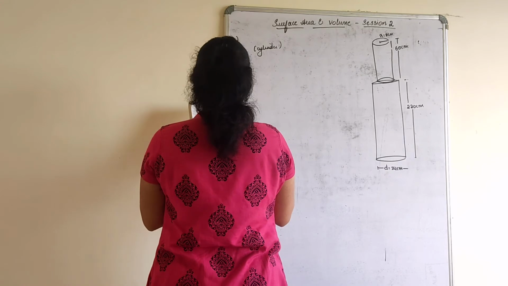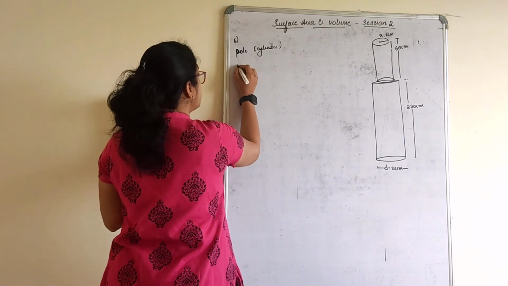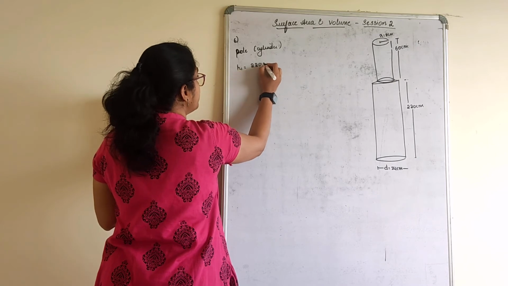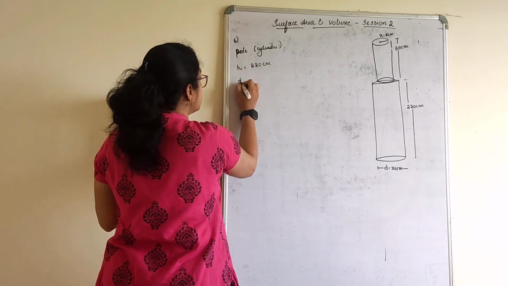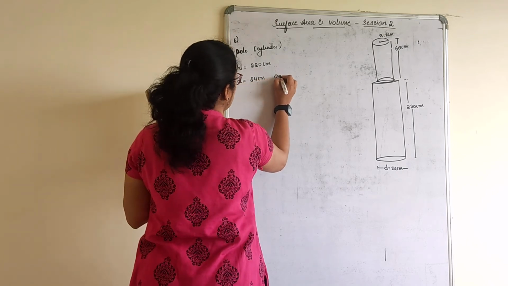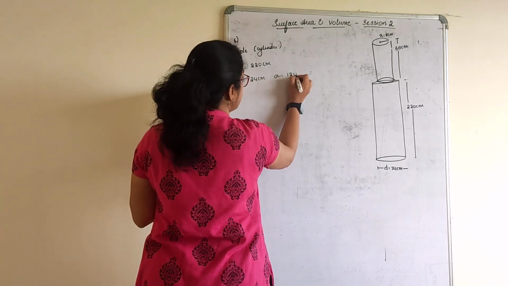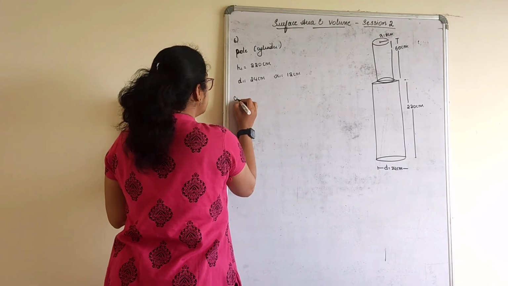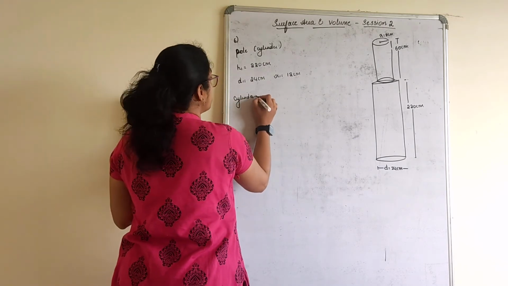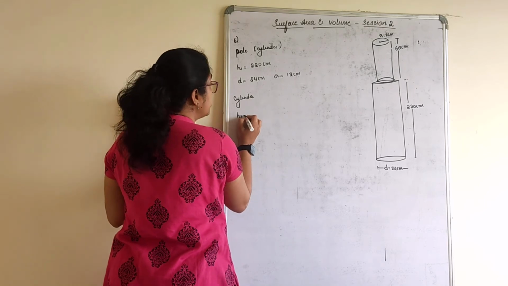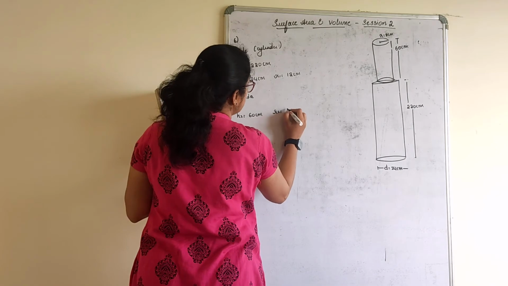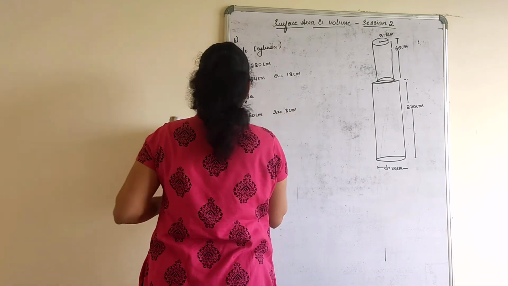A solid pole consists of a cylinder of height H1 is equal to 220 centimeter. B1 is equal to 24 centimeter, therefore R1 is equal to 12 centimeter. Then another cylinder. So H2 is equal to 60 centimeter and R2 is equal to 8 centimeter.